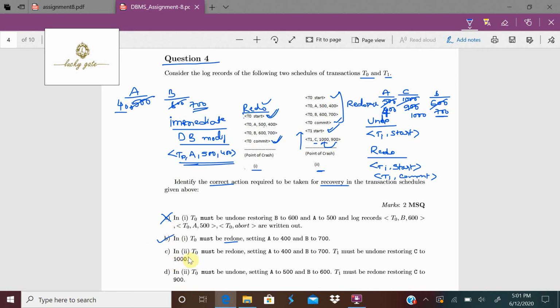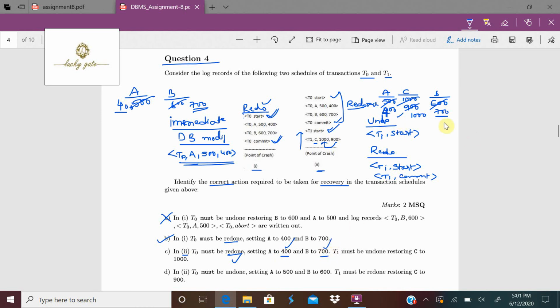In option C, in the second schedule, it is given that T0 must be redone. Yes, T0 is redone because it has start and commit logs. It is correct. Setting A to 400 is also correct. Here you can check A is 400, B is 700.